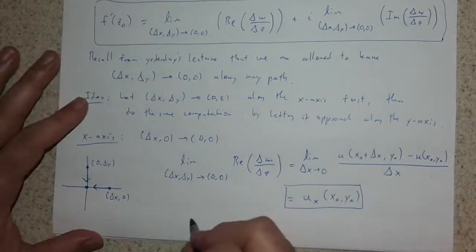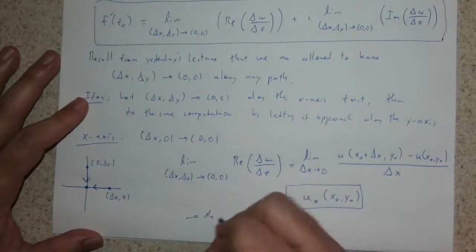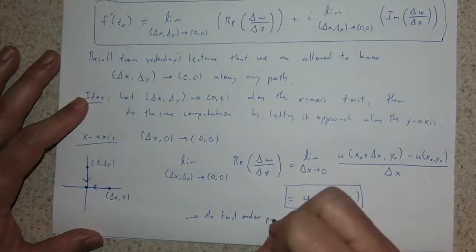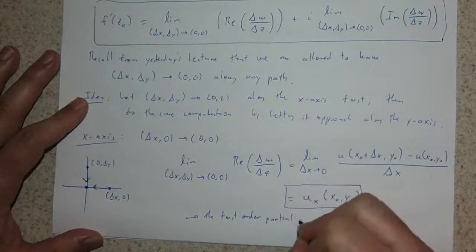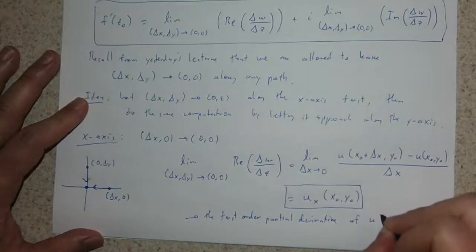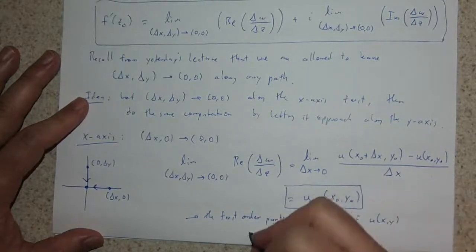This is the first order partial derivative of u of (x, y) with respect to x.